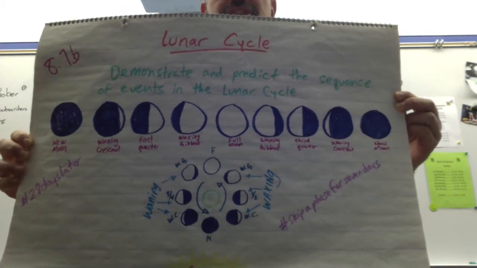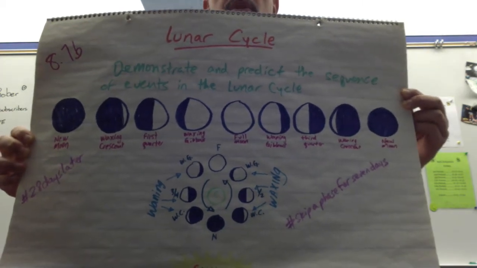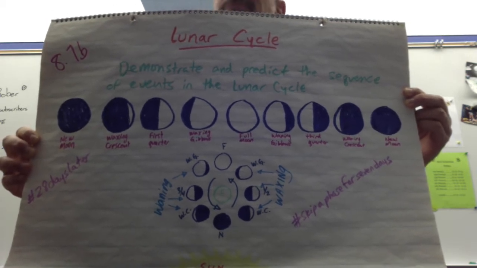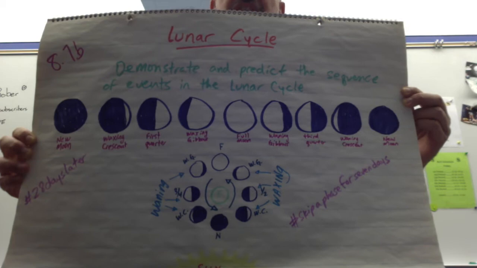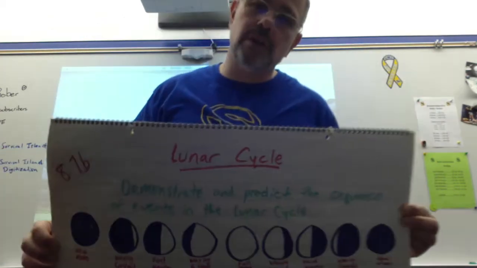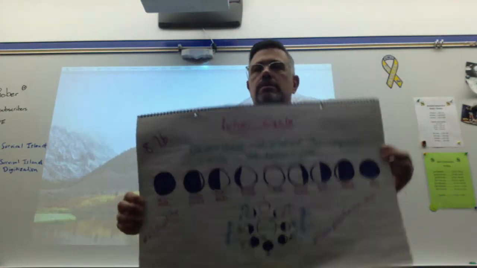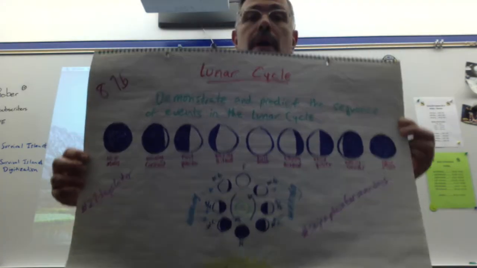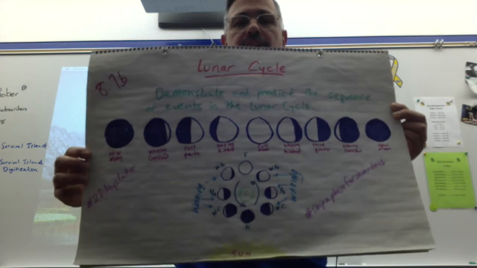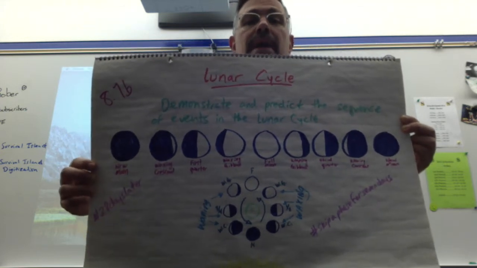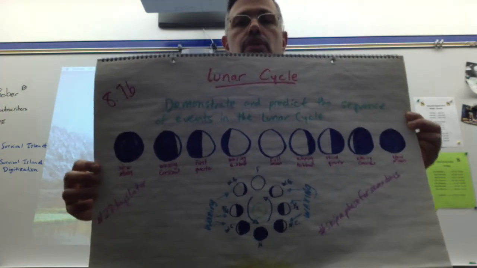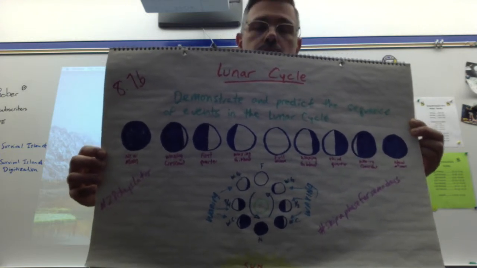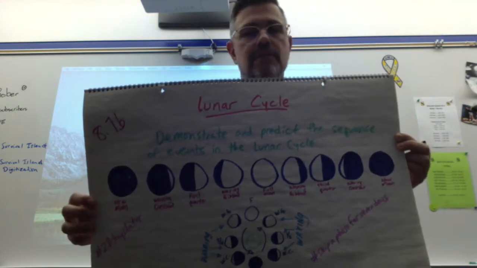As you can see, that's the straight line starting from new moon, waxing phases to full, waning phases back to new again, hashtag 28 days later. Because really, at the end of the day, I know it's 29.5, but if you think of it as a month and you count it as 7 days in between the main phases, which are new moon, first quarter, full moon, third quarter, it makes the counting very simple.